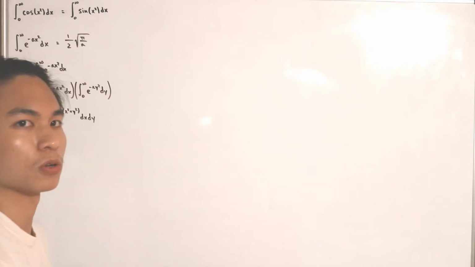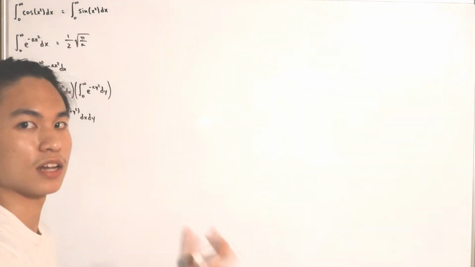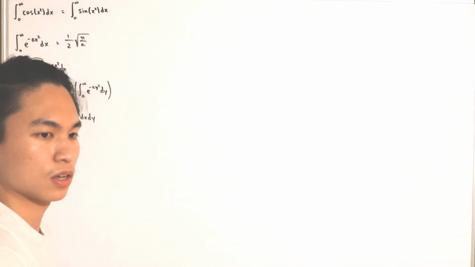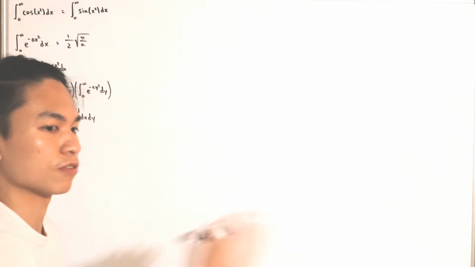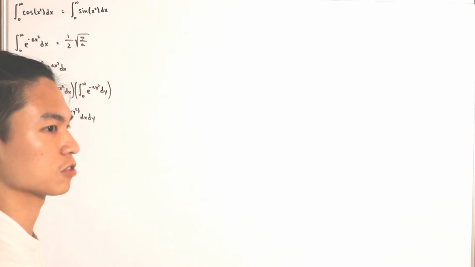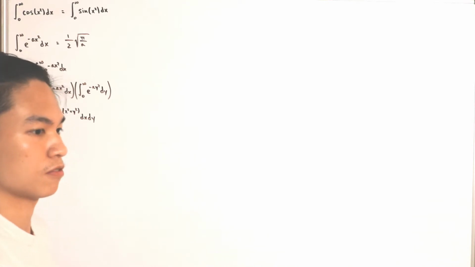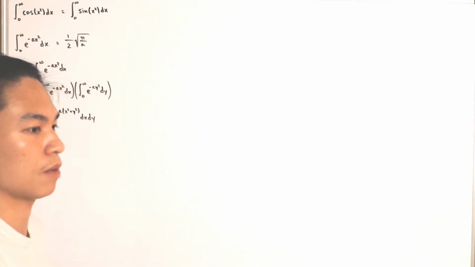I'm not actually going to calculate the polar coordinate change here. I calculated the Jacobian in another video, so you can check that out for yourself on how to find the change of variables.